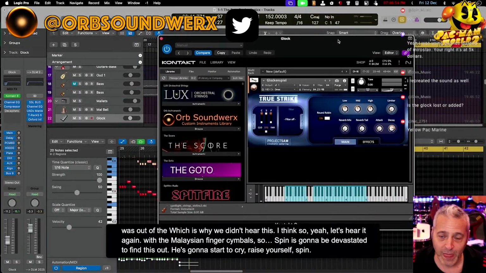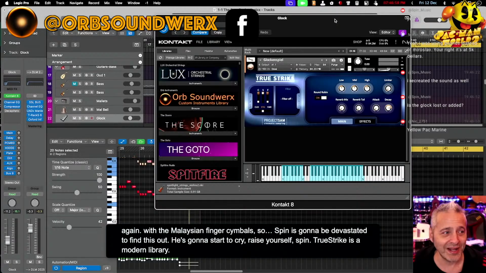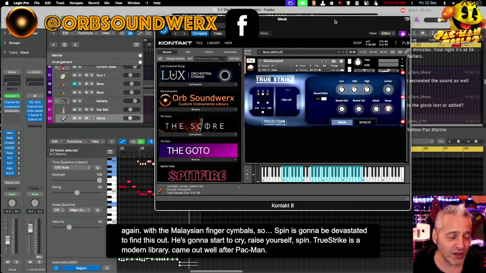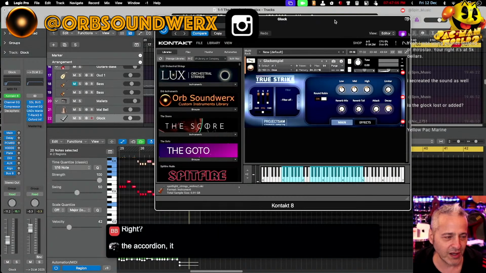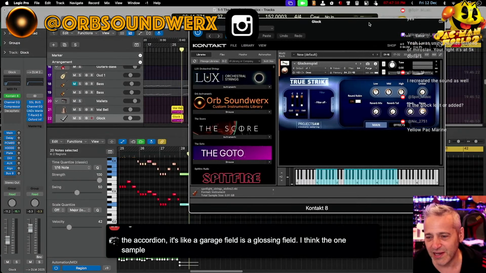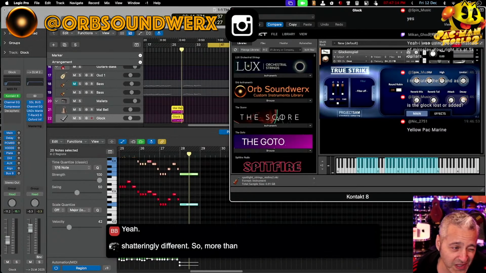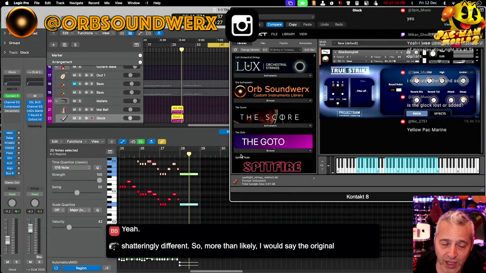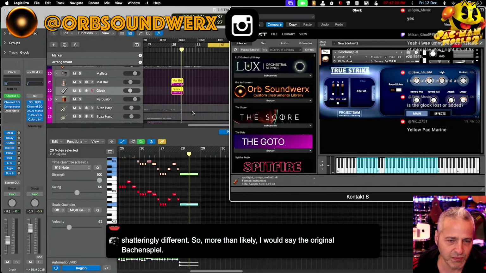True Strike is a modern library, came out well after Pac-Man. But for me, it's what I was trying to explain to you about the accordion. A glockenspiel is a glockenspiel. One sample to the next is not going to be earth-shatteringly different. So more than likely, the original glockenspiel either came from the Miroslav or the McGill instruments.